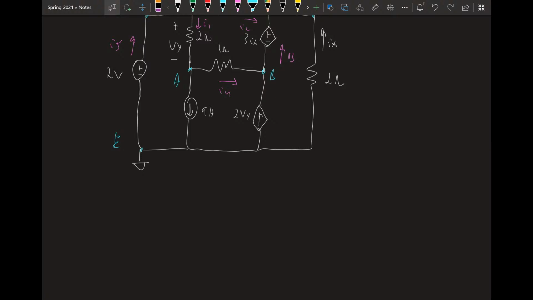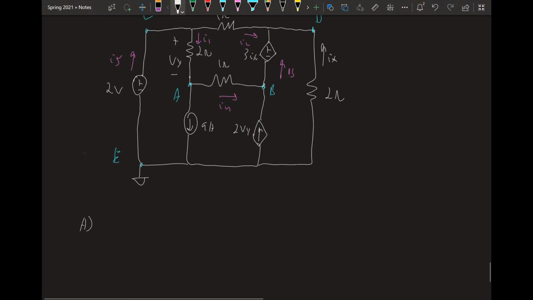So let's write system equations at each node. Starting at A, writing KCL, we get I1 minus I4 minus 9, right? And these two are minus because they're going away from the node in my convention.